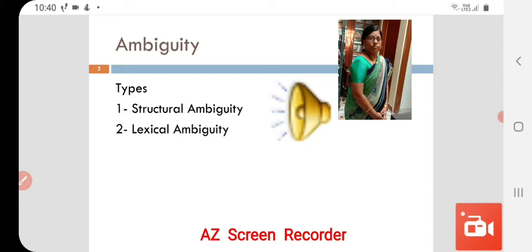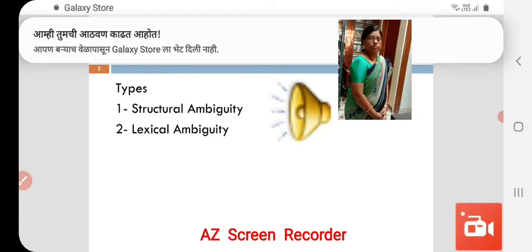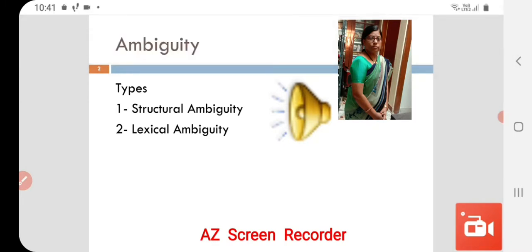Structural ambiguity is the multiplicity of meaning which is created because of the structure of a particular clause or structure of a particular sentence. And the second type of ambiguity is known as lexical ambiguity.